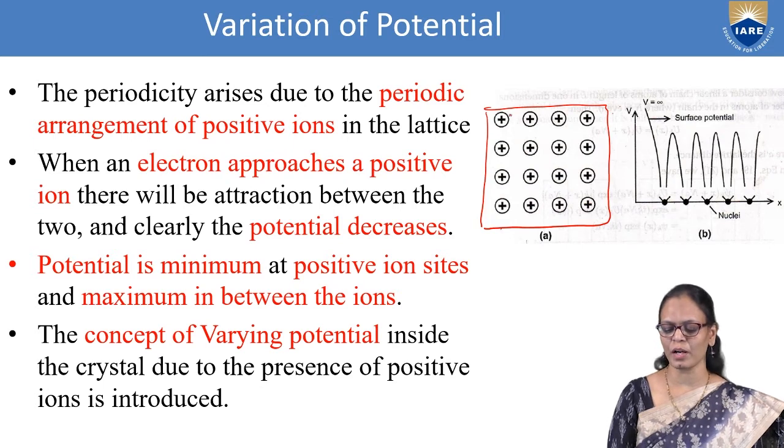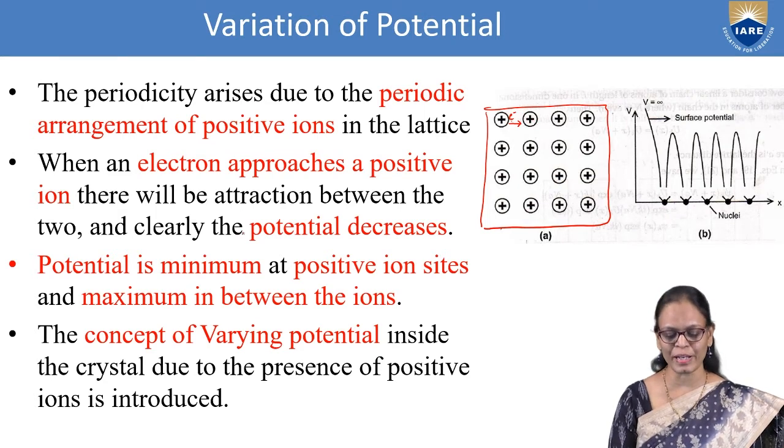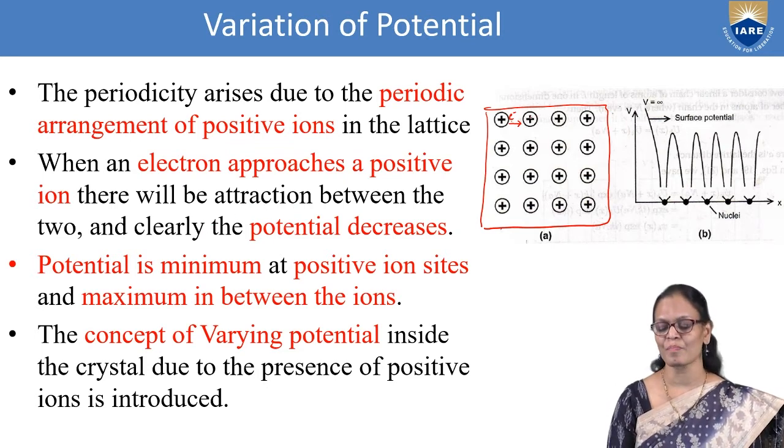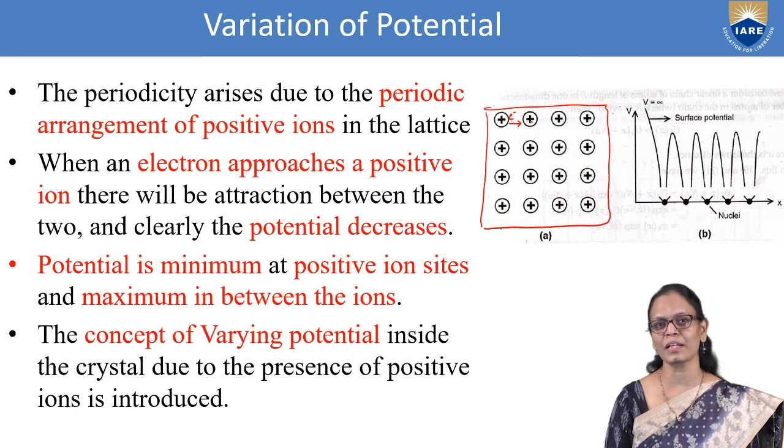If we consider one electron moving in this direction, when it approaches a positive ion there will be an attraction because they are opposite in charge. There will definitely be an attraction, which we call the electrostatic force of attraction, and the potential decreases.